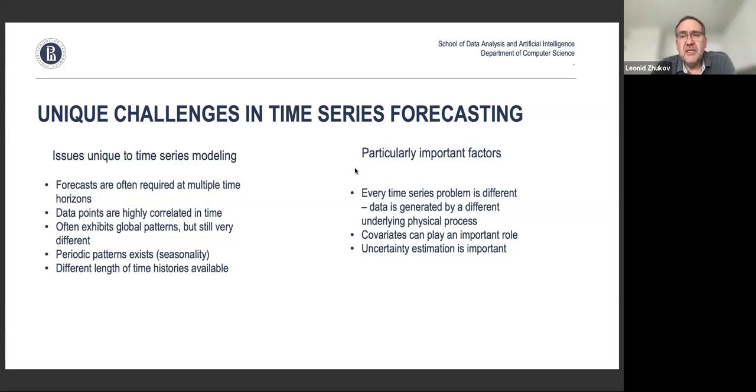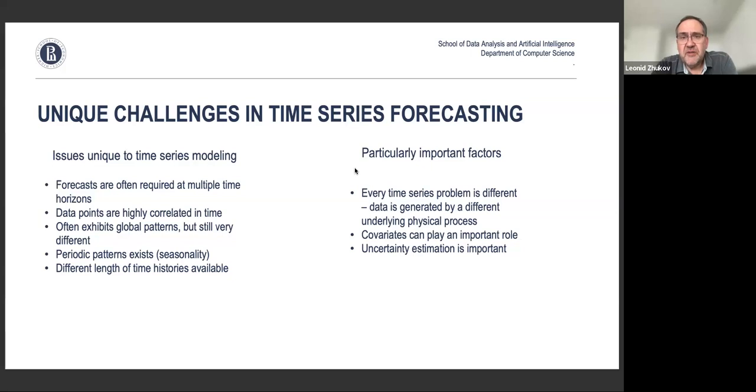Weekends look similar to each other, and they repeat every 7 days. And quite often we have very different lengths of time series available for calculations. These things are quite unique to time series modeling versus traditional modeling.